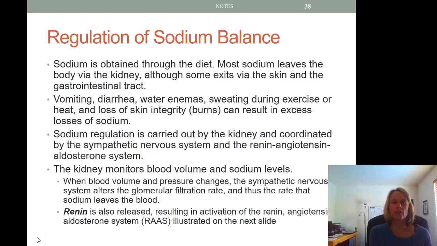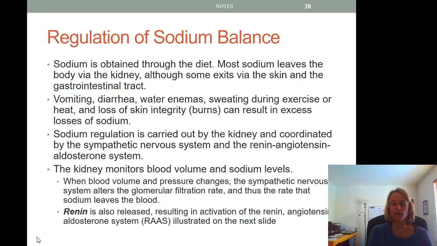So how is sodium balance regulated? Well, sodium is obtained in the diet. Sodium leaves the body through the kidneys, and some exits through the skin and GI tract. Things such as vomiting, diarrhea, excess sweating, and loss of skin integrity with burns can result in excessive losses of sodium.